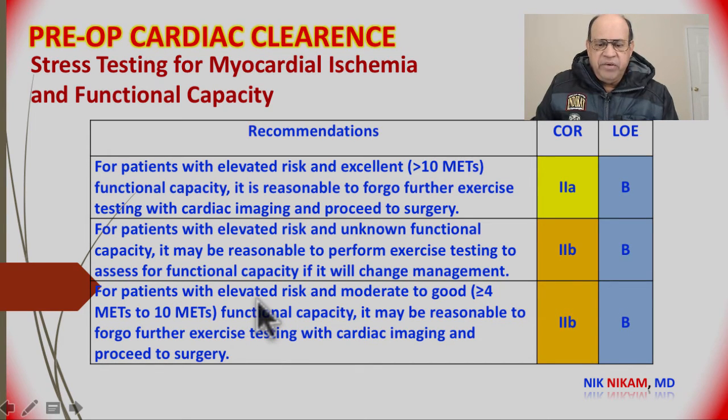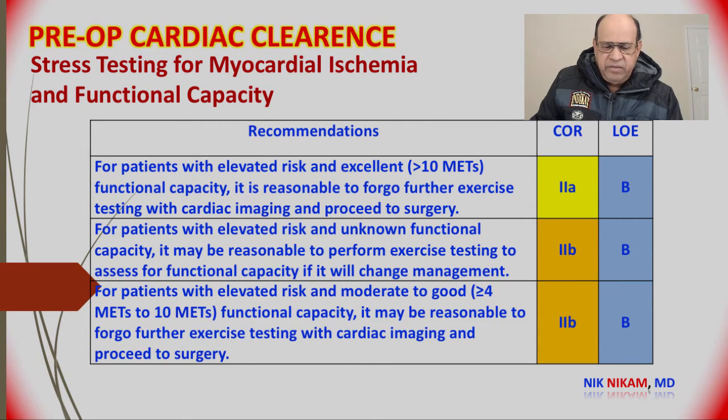But if the patient has an exercise capacity between 4 to 10 METs, it may be reasonable to forego further exercise testing with cardiac imaging and proceed with surgery. This is the recommendation by the American College of Cardiology.